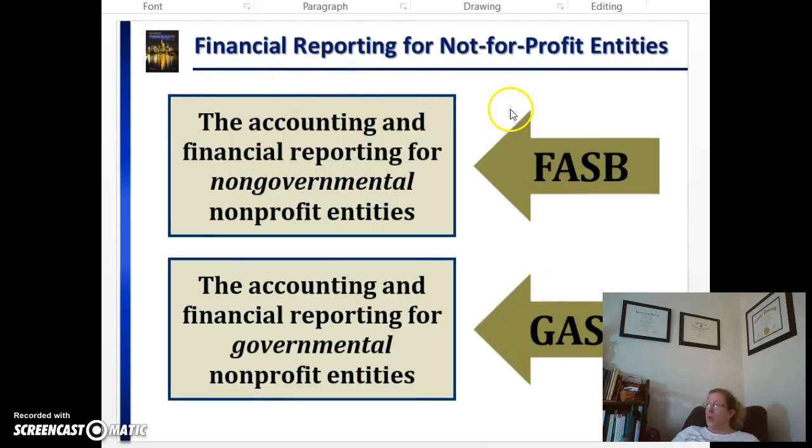Some financial reporting differences for not-for-profit entities. The FASB is the entity that creates the accounting and financial reporting rules for non-governmental nonprofit entities. And then the GASB, the Governmental Accounting Standards Board, creates the rules for the accounting and financial reporting for governmental nonprofit entities.